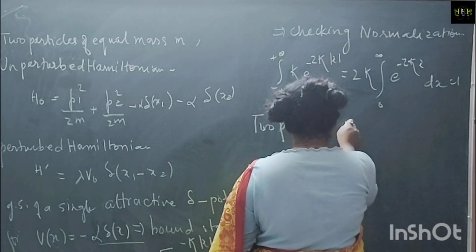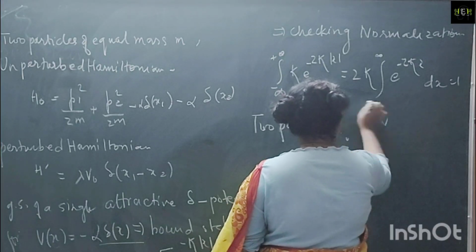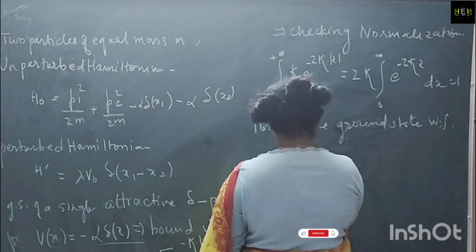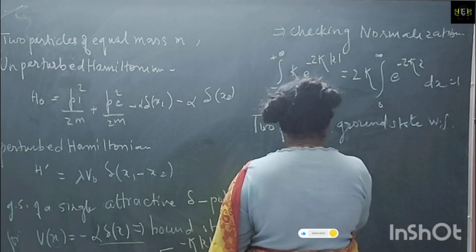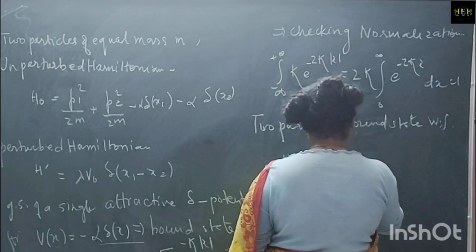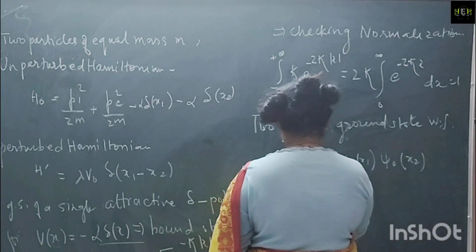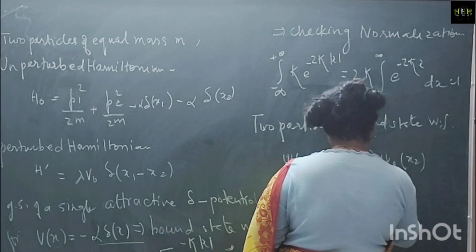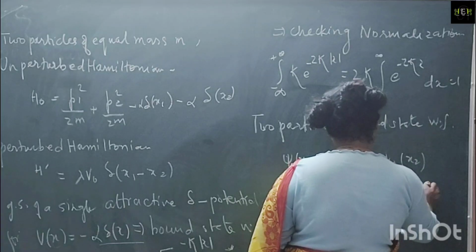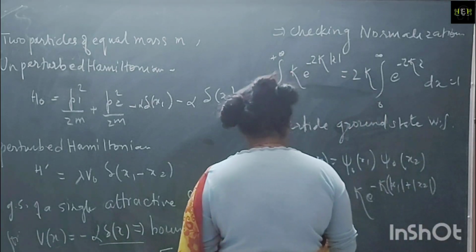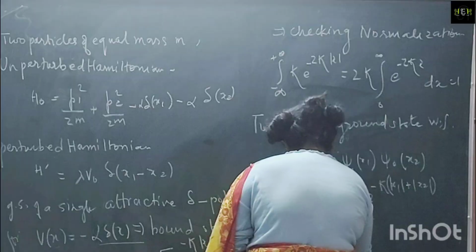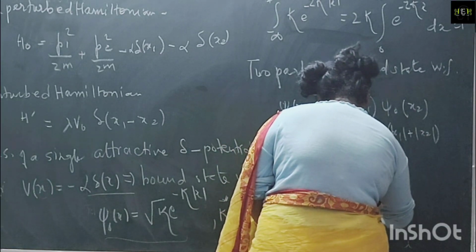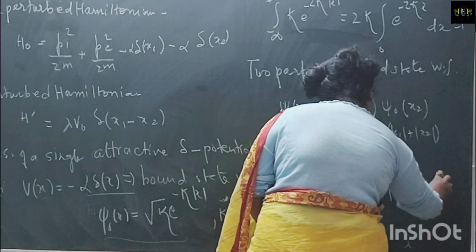Now, that was a single particle. Now for the 2 particle ground state wave function, tell me what it will be. It will be psi naught of x1 x2 equal to psi naught of x1 times psi naught of x2. So psi naught of x1 x2 is nothing but kappa times e to the power minus kappa times the bracket of mod x1 plus mod x2. So psi naught square for the entire 2 particle system is kappa square e to the power minus 2 kappa times mod x1 plus mod x2.